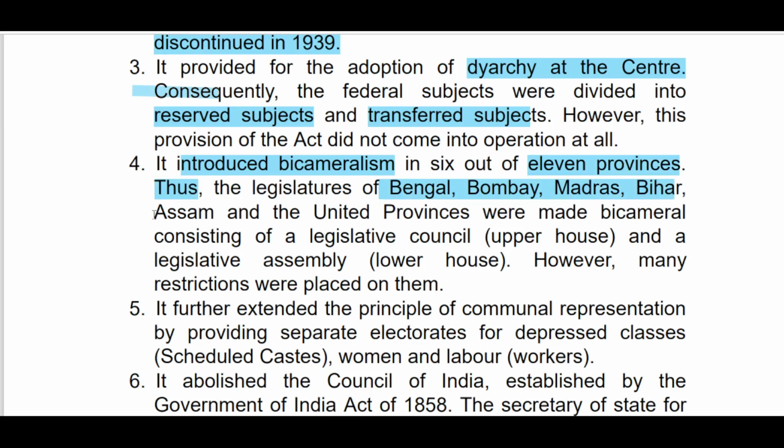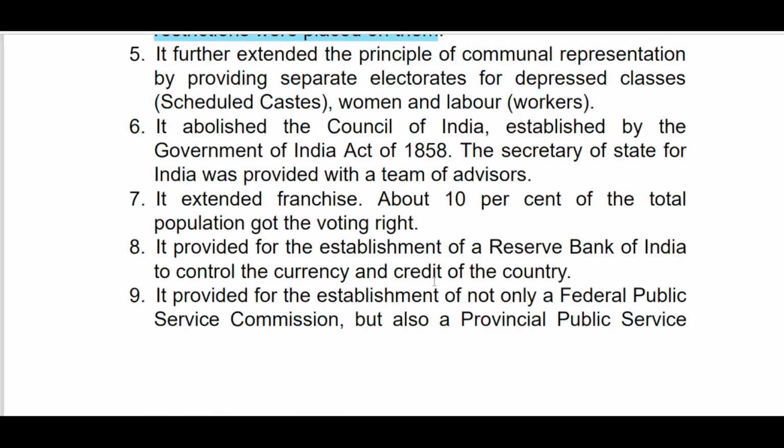Thus, the legislatures of Bengal, Bombay, Madras, Bihar, Assam and the United Provinces were made bicameral, consisting of Legislative Council, that is upper house, and a Legislative Assembly, that is the lower house. However, many restrictions were placed on them.